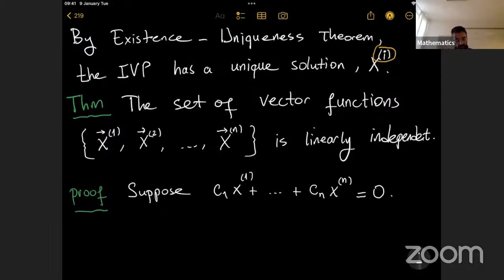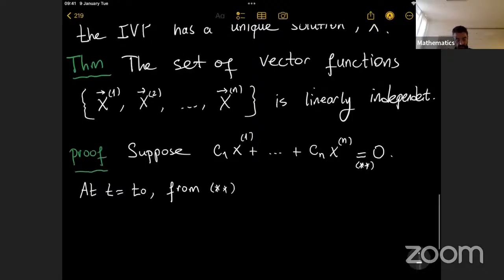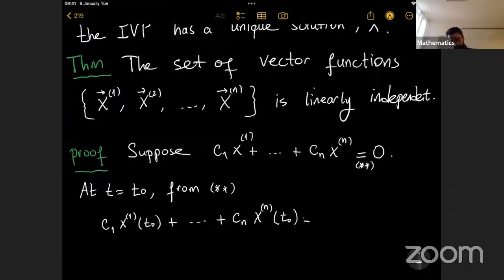Well, at t equal to t0, let's see what we get. From this, let's call it double star, we get C1 x1(t0) plus up to Cn xn(t0) is equal to 0.